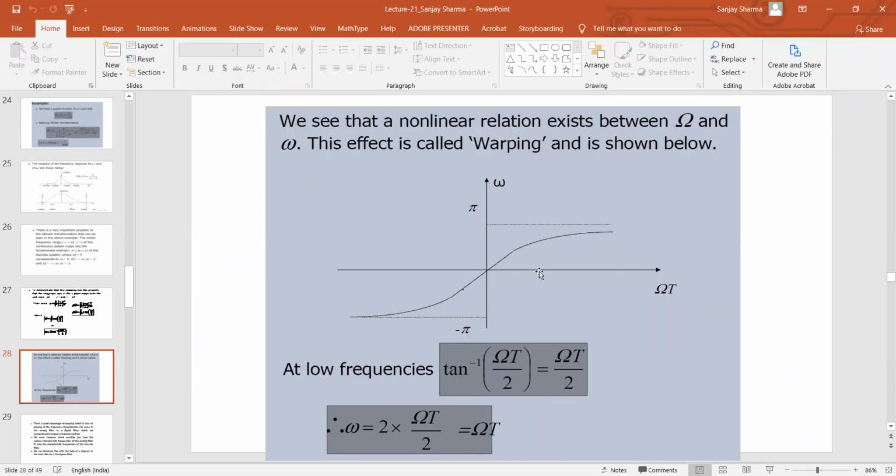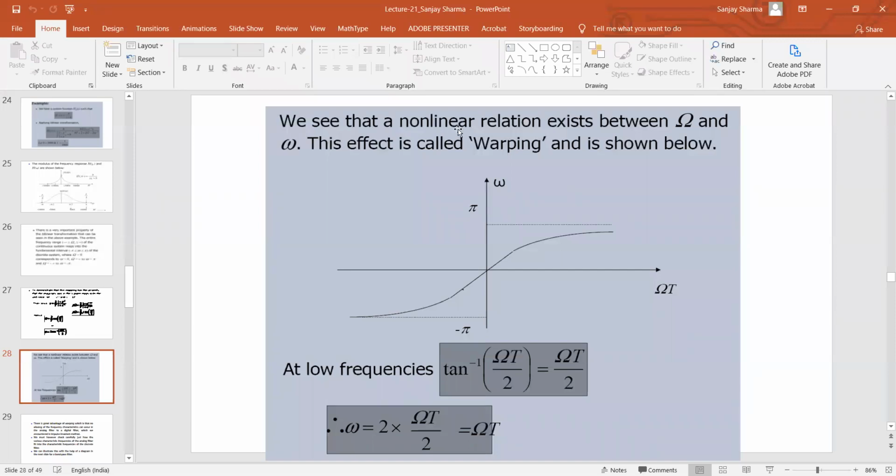When the analog frequency is increasing, digital frequencies are being squeezed inside, because the digital frequencies have to remain inside this fundamental period of minus pi to pi only. Because of that, the higher frequencies are being squeezed on the positive small omega axis also, and on the negative small omega axis also. That is the frequency distortion problem.